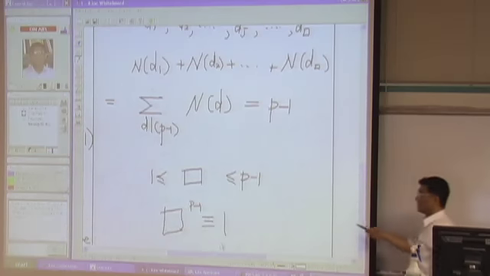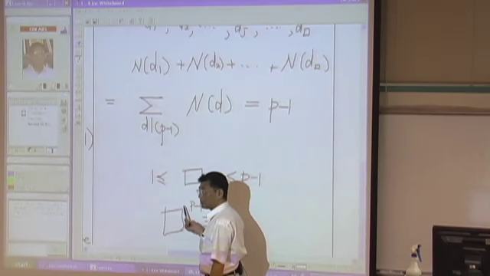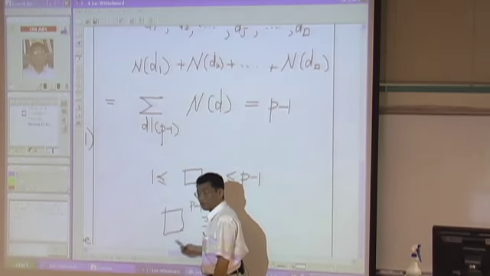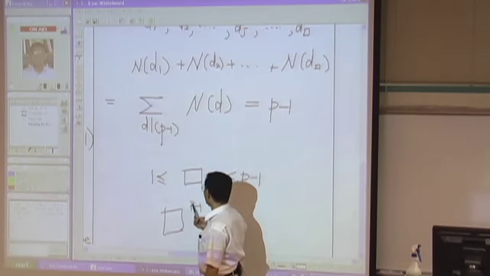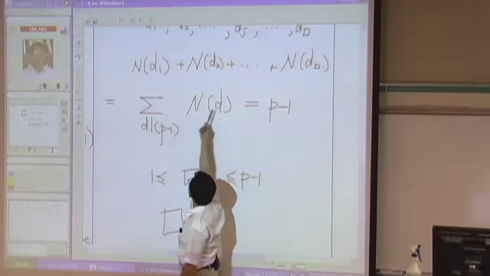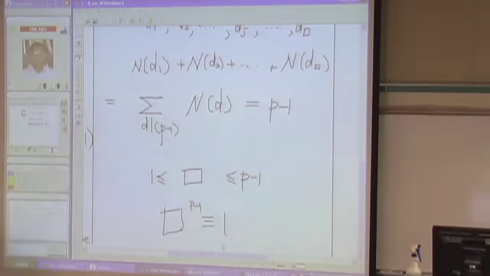Do you see it? In other words, the order of these elements should divide this, right? The order of these elements cannot be different than these groups, right? So we create this thing, and it should be p minus 1.